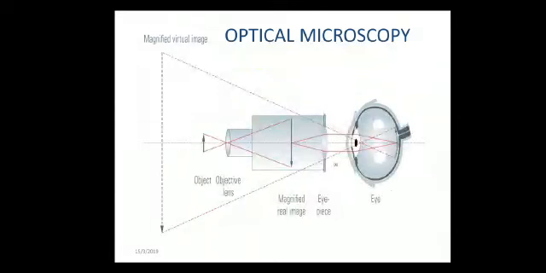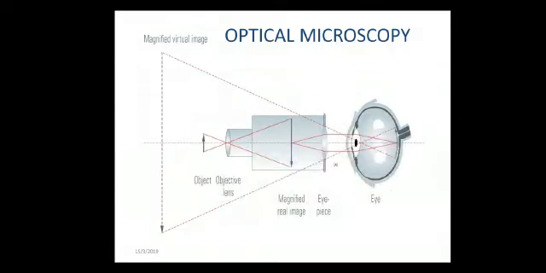In between, we get the intermediate image, and next to that we have the objective lenses, and after the objective lenses we place the specimen. Next to that we have the condenser lenses and the light source. So this is how the optical microscope structure looks.